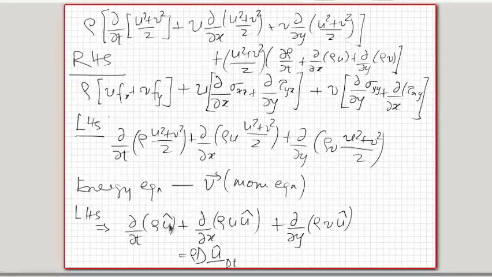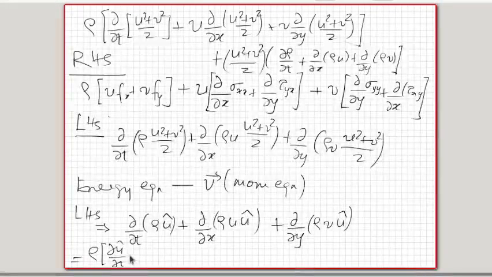Because if I separate this out, let me expand this first and then write it. So this is equal to rho times (del U by del t plus U del U by del x plus V del U by del y), which is basically one part of it.